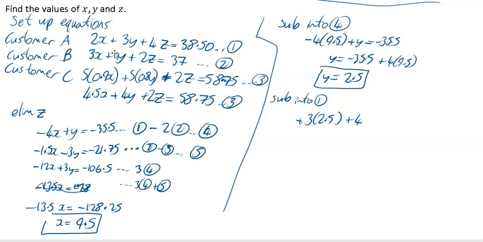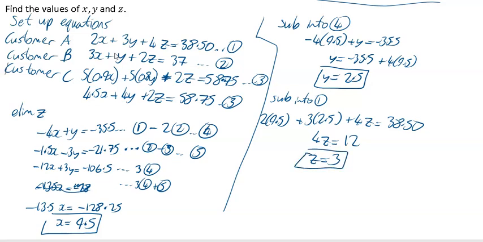So it was 2 times the x, so the x was 9.5, so 2 times 9.5 plus 3 times the 2.5 plus 4z is equal to 38.50. And if you bring all those things across, you're going to get your 4z is equal to 12. That means z is just equal to 3. And that's what you've got.